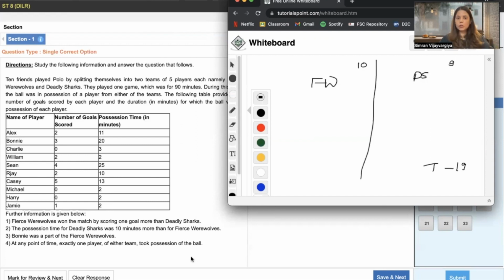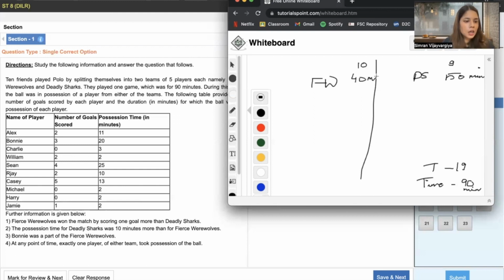So the total time is 90 minutes. Now, Deadly Sharks had 10 more minutes, so they would have a total of 50 minutes, and Fierce Werewolf will have it for 40 minutes.